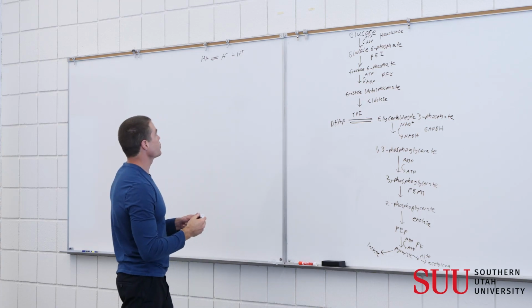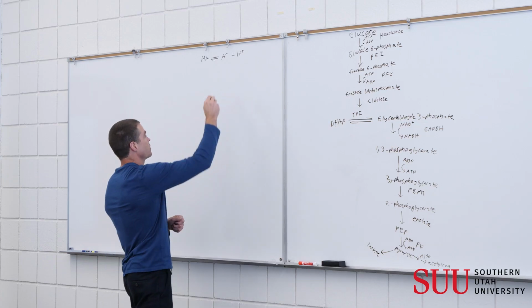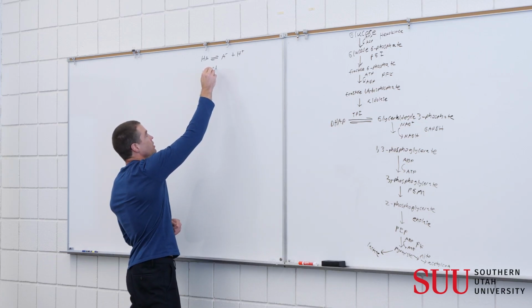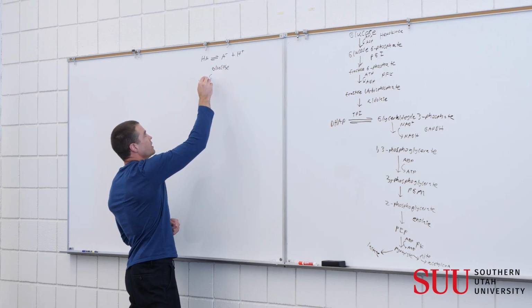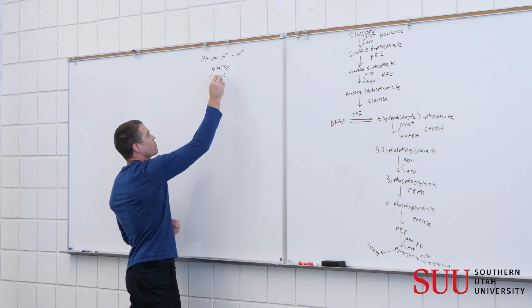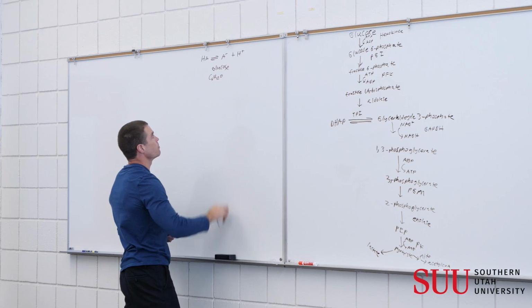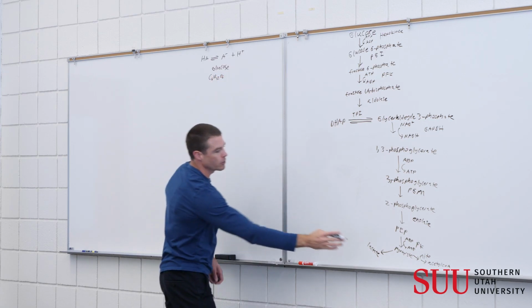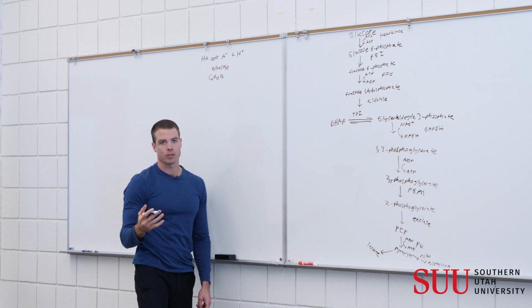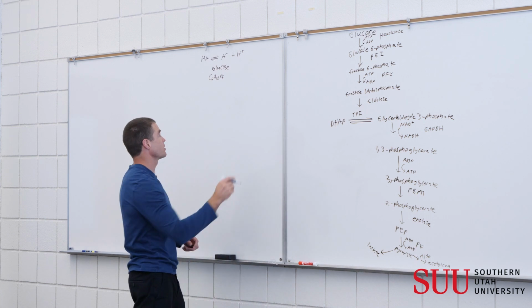Well, with glucose, let's go ahead and count all the hydrogen ions, okay? So with glucose, we can put glucose right here, and the formula is C6H12O6. And when you metabolize your glucose molecule down to pyruvate, pyruvate is a 3-carbon molecule, and it contains 3 hydrogens.